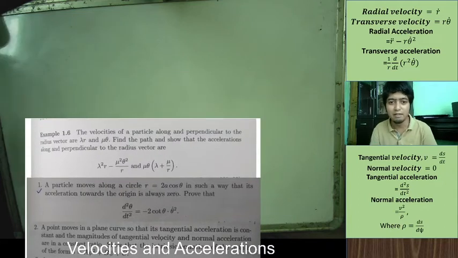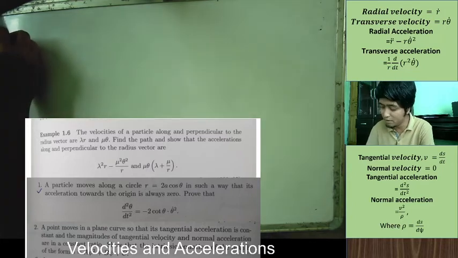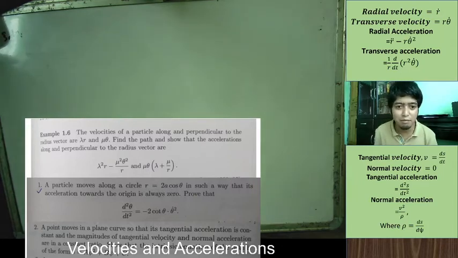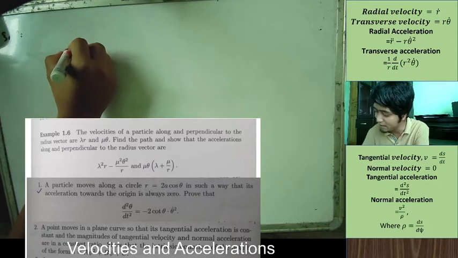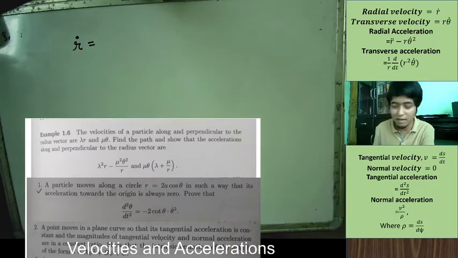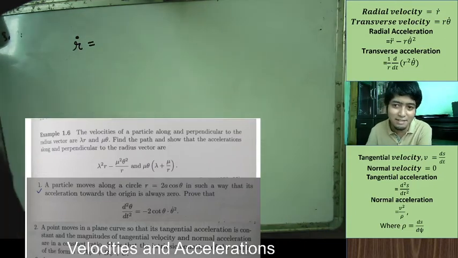So the velocities of a particle along and perpendicular to the radius vector. Okay, so we are having the solution for example 1.6. The velocity along the radius vector is r dot. And if you remember, r dot is dr dt, theta dot is d theta dt.